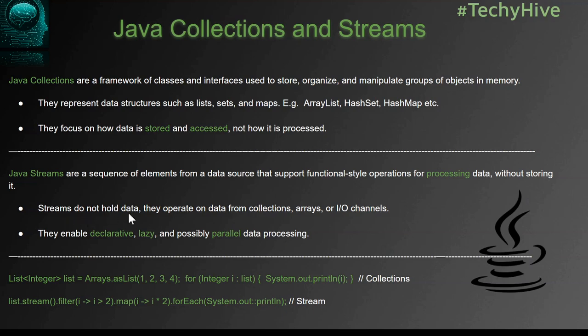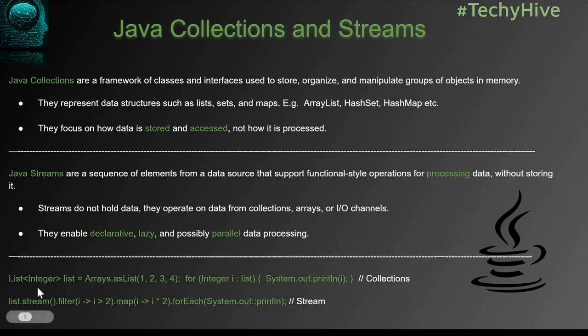Streams do not hold data; they operate on data from collections, arrays, and input-output channels. They enable declarative, lazy, and possibly parallel data processing. So the important point about streams is that they are a sequence of elements from a data source and process the data, and they don't store the data from the data source.